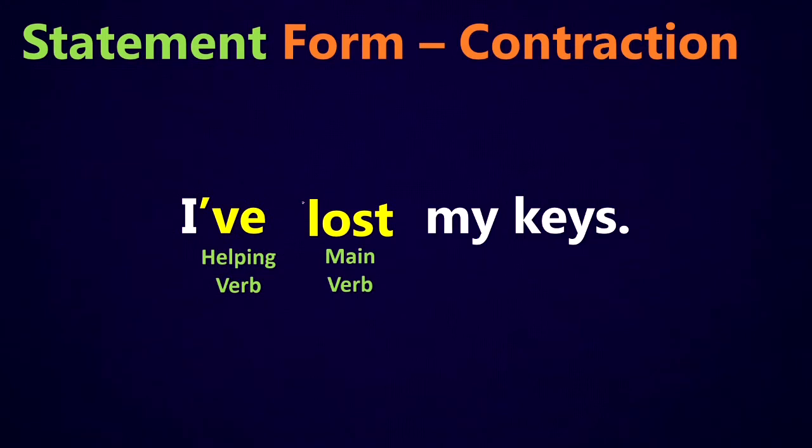I can contract this and say I've lost my keys. So all I've done is I've taken the helping verb and I've connected it to the subject of the sentence, and I took off the H and A. So I've lost my keys. And actually, when people are talking, this is the most common form that you'll hear. You'll hear it contracted almost all the time when people are talking.